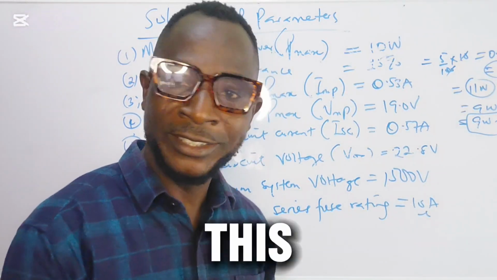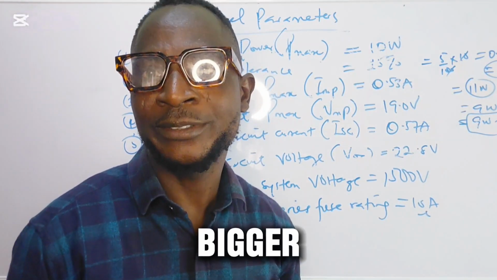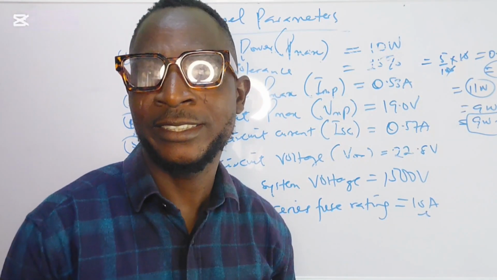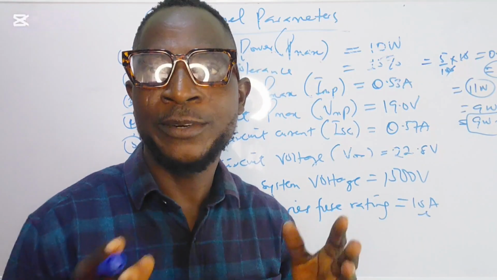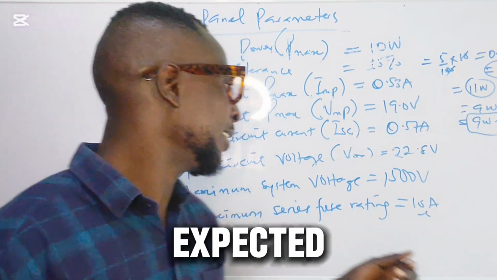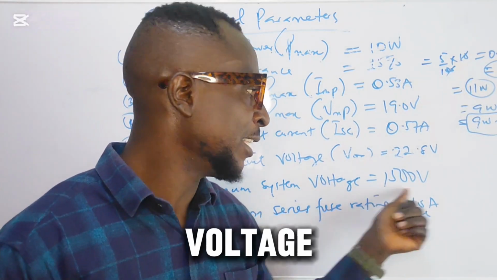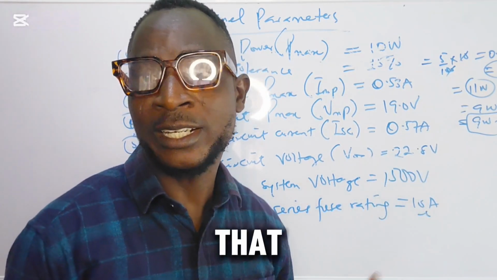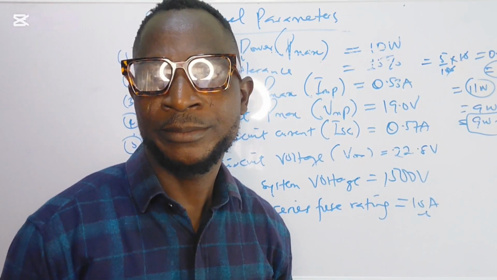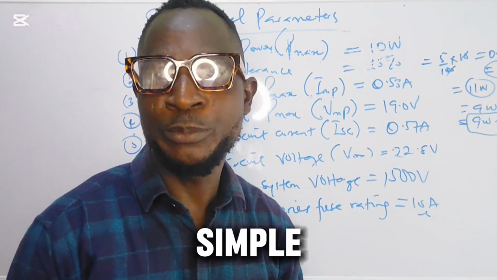It is not only just this solar panel, even the bigger one, it's just a standard. So if you are doing any installation, it is expected you don't go above this voltage, because for any voltage higher than this, there's no solar panel that can withstand it. So that's just the simple meaning.